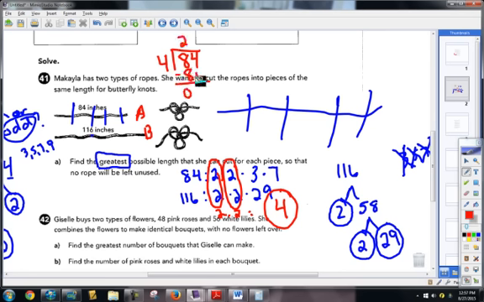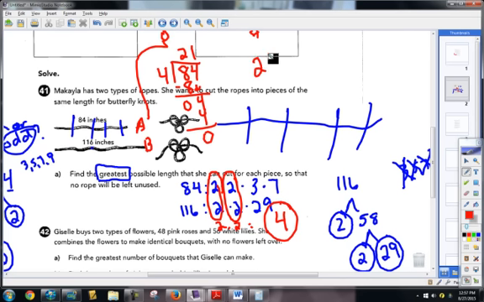We subtract it, 0. 4 goes into 4 1 time, and there we go. I know that in A, I'm going to have 21 pieces that are 4 inches long.